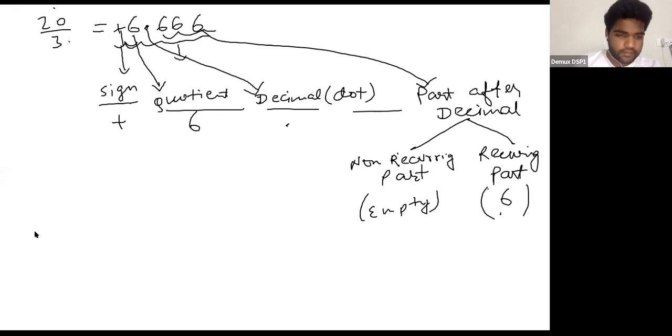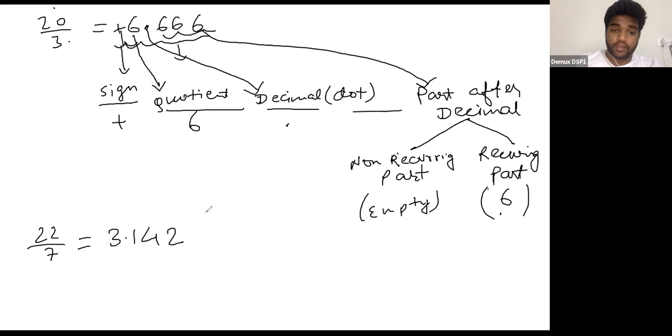Maybe take one from the question itself. Let's take 22 by 7, which is pi, right? So it is 3.1. Then you will have 40, 7, 4, 20, 30, 7, 4, 28, and then 20 again.